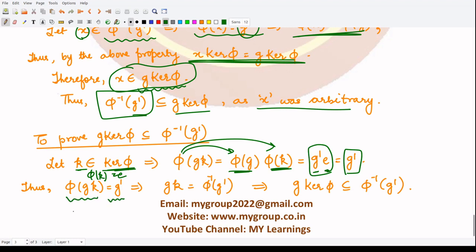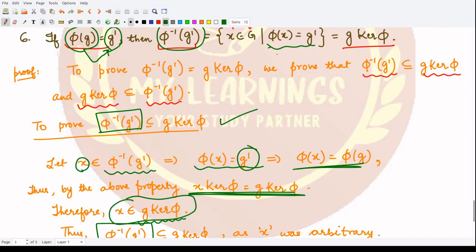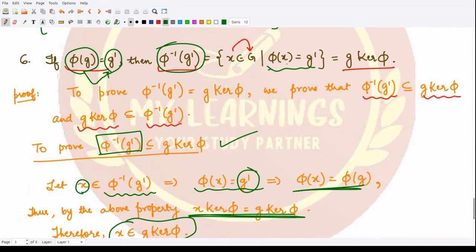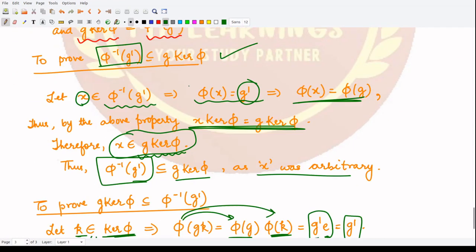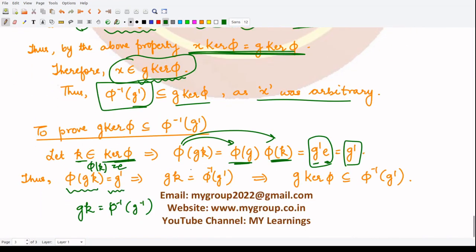Hence you can say gk is in phi inverse of G dash. According to the definition given here, if you have phi of gk equal to G dash, that means this gk would be present in phi inverse of G dash. So gk is present in phi inverse of G dash.